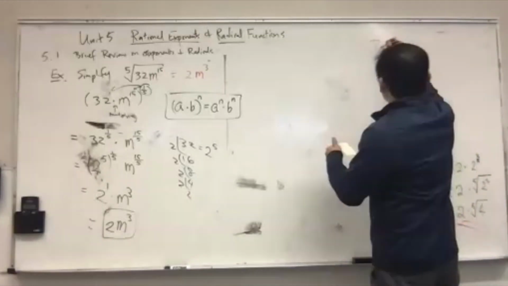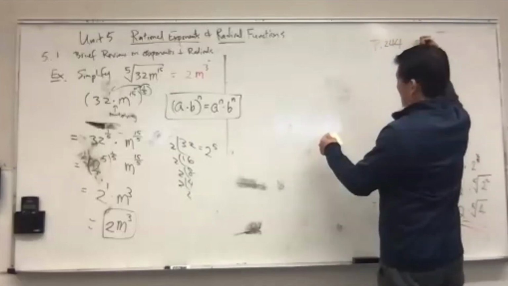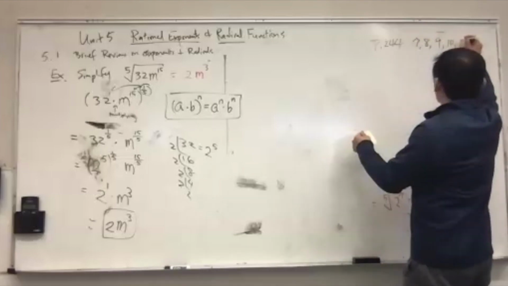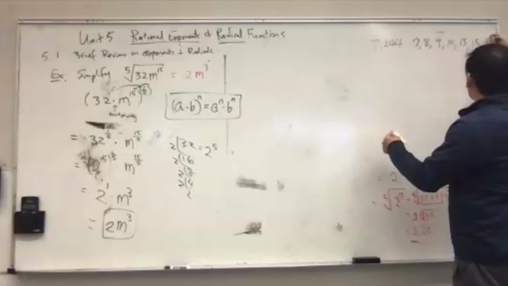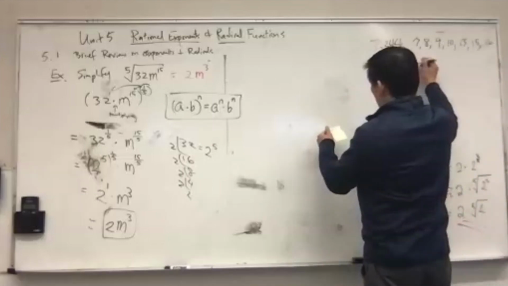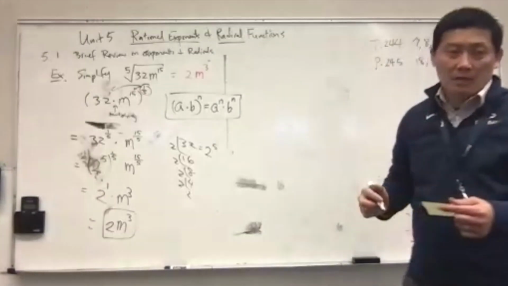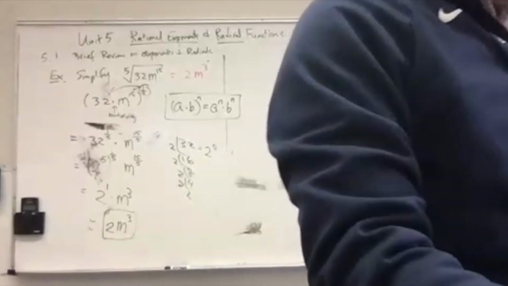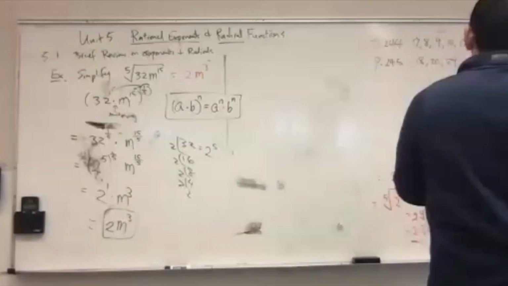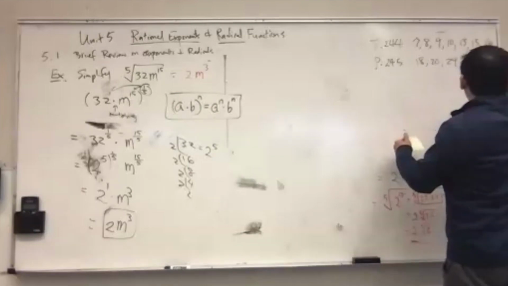So here, page 244: 7, 8, 9, 10, 13, 15, and 16. Page 245: 18, 19, 29. They may look like a lot, but they're really tiny problems, just like what we did before. 31, 35, 37. That's it.